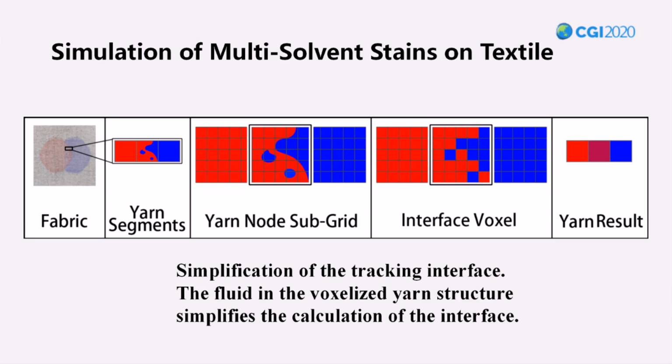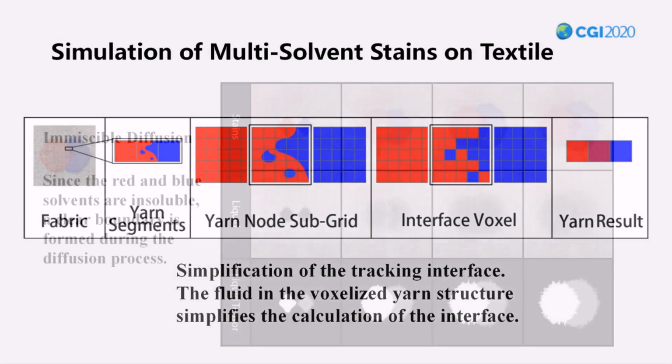In order to calculate the microscopic boundary formed by the diffusion of the two solvents in the yarn, we adopted a multi-sampling calculation method, performed multiple calculations at the mixed boundary, and mixed the calculated results as the final result of the node output. Through this method, we avoid the complicated interface calculation process.